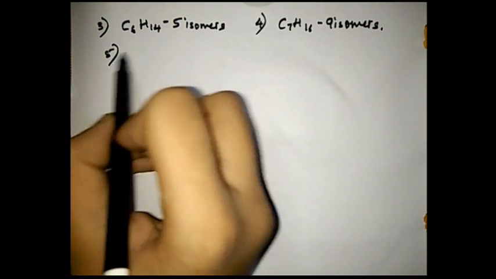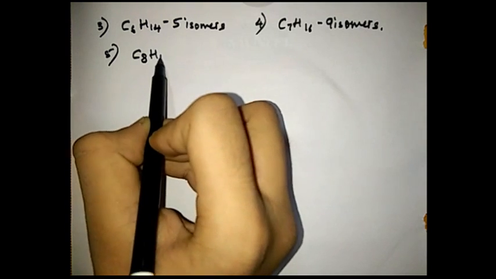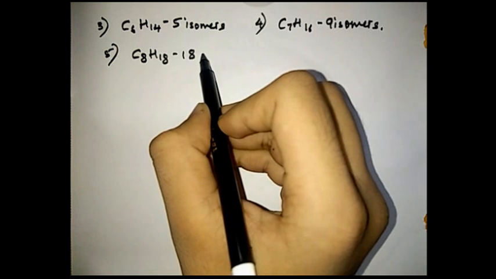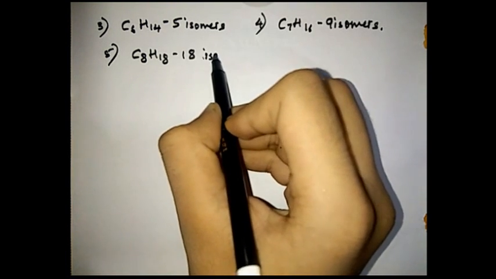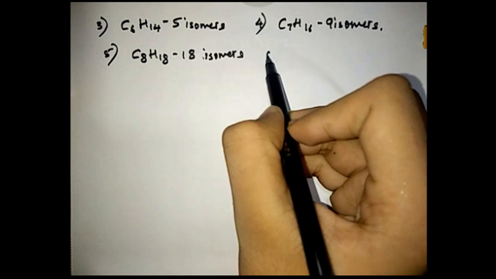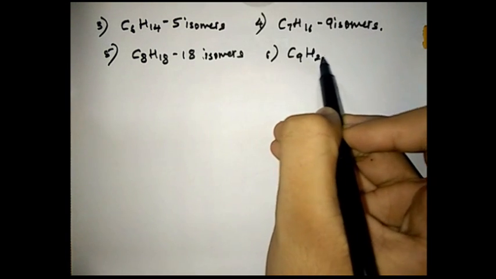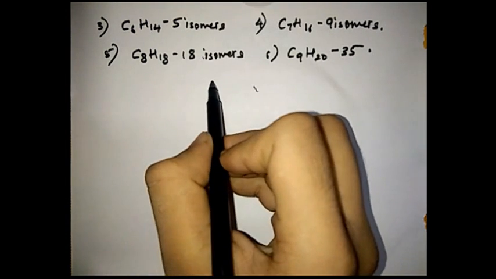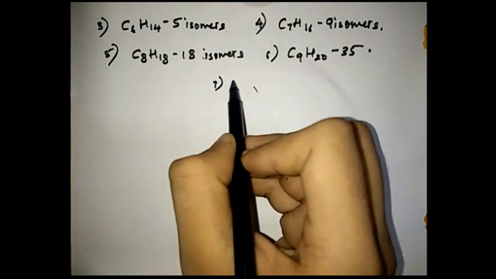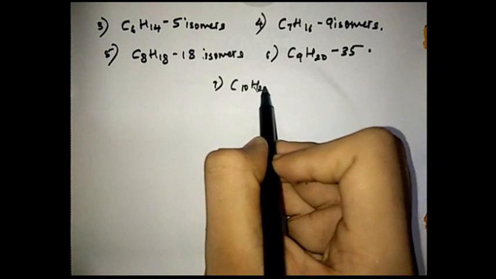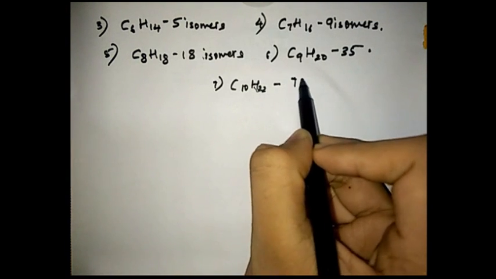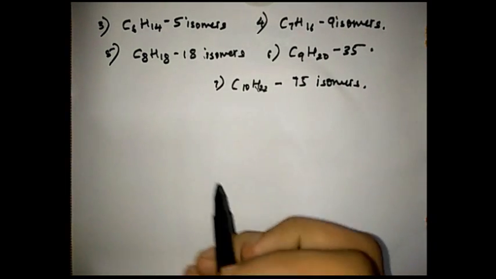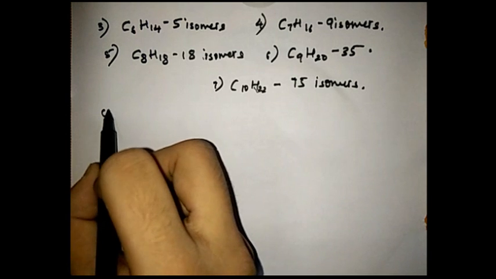Next, C8H18 has 18 isomers. C9H20 has 35 isomers. And at last, C10H22 has 75 isomers.